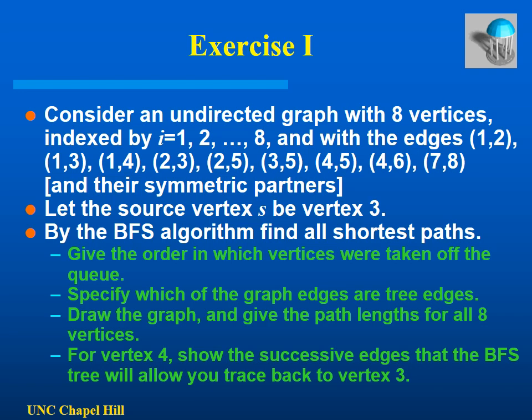And you should give the path lengths for all 8 vertices. Finally, for vertex 4, show what the successive edges are that trace the path back from vertex 4 to the source vertex 3.